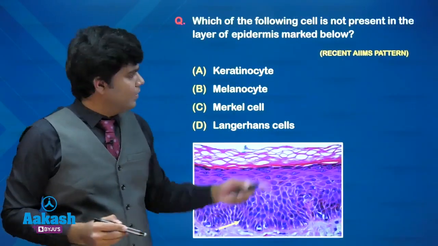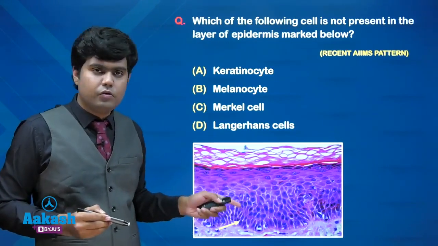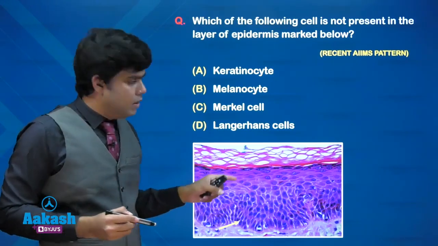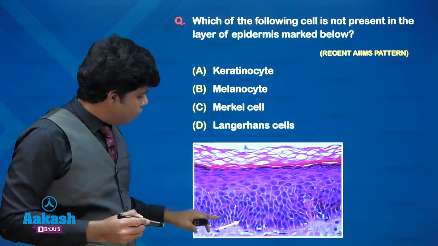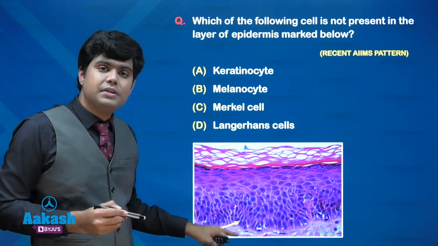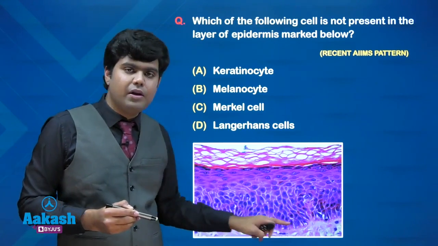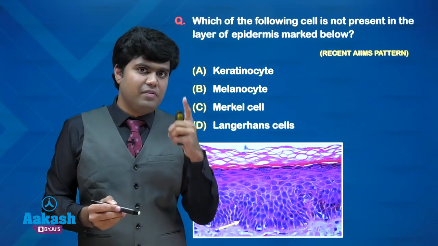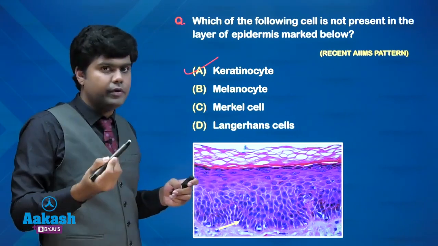Now I have a question for you, which was asked recently in AIIMS. It's a very high-yield topic. They asked which of the following cells is not located in the layer marked below. The layer marked here is stratum basale, and in stratum basale we have keratinocytes, the bricks, present everywhere.